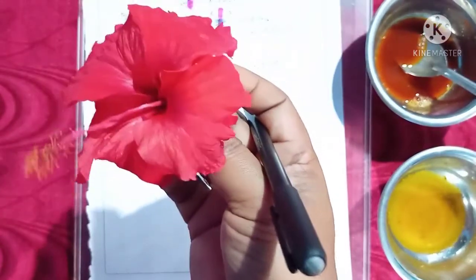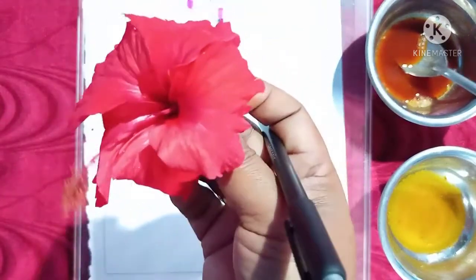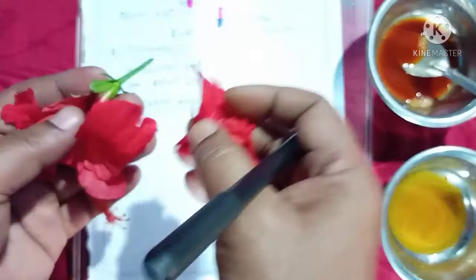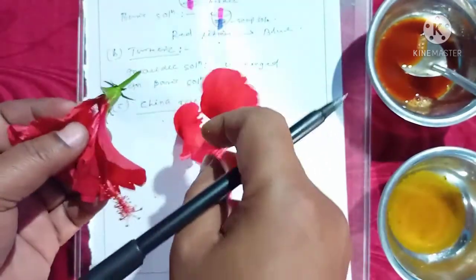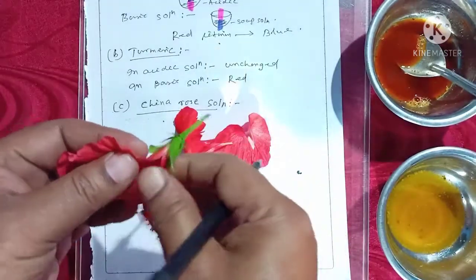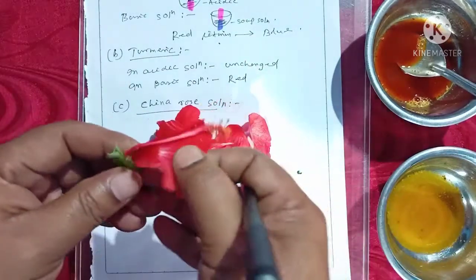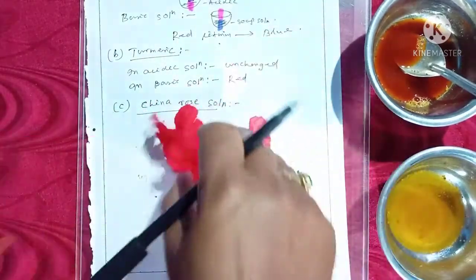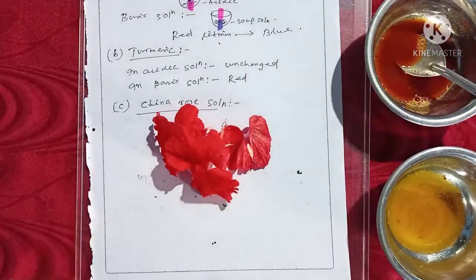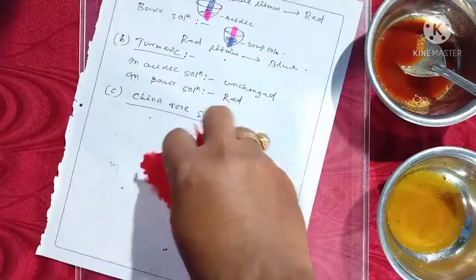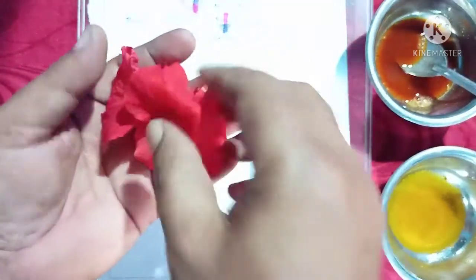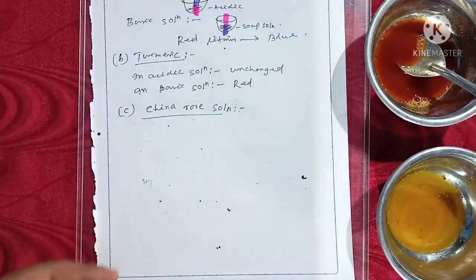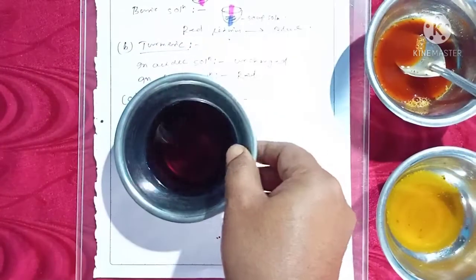So what you have to do, you take some petals like this of China rose, and put some water in a tumbler and heat it for some time. Then the color of these petals will decolorize and you will get a solution like this.